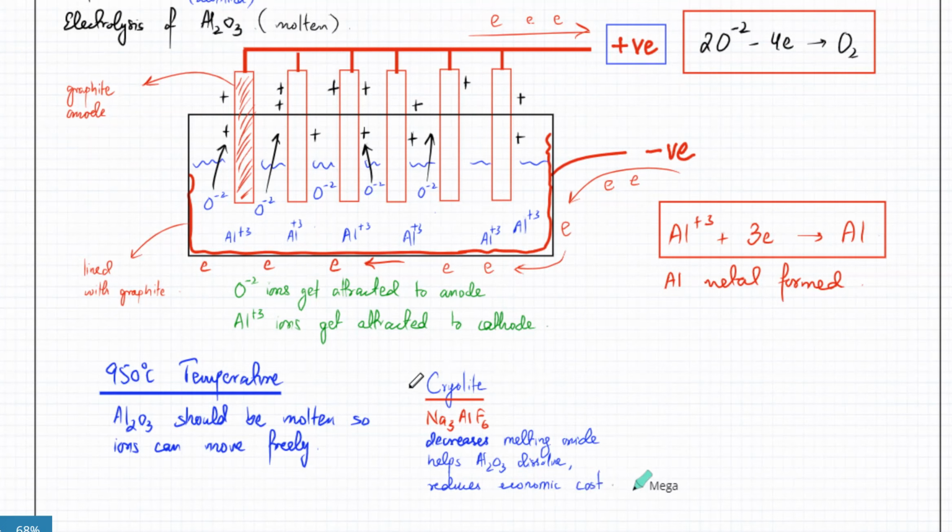You add it because, and we can also quote that, without cryolite, aluminum oxide melts at 2072 degrees centigrade.